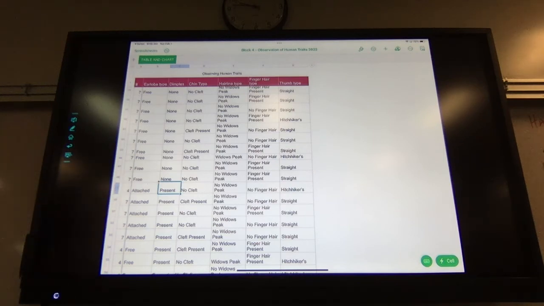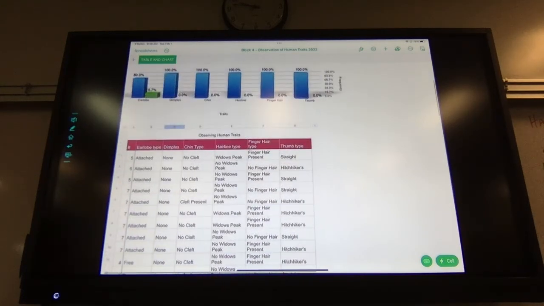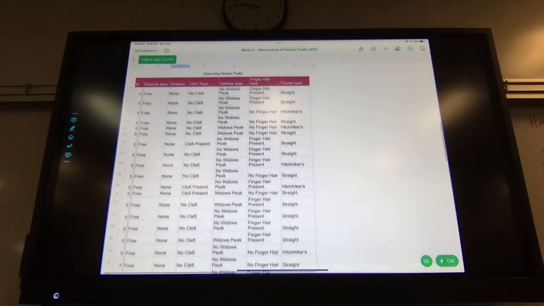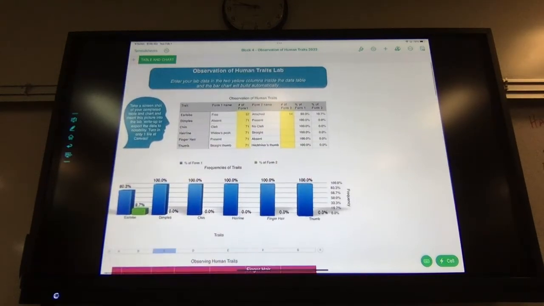So the last one was 48. That means that there are 47 students that do not have dimples, because record number 1 is the header. 47 do not have dimples.